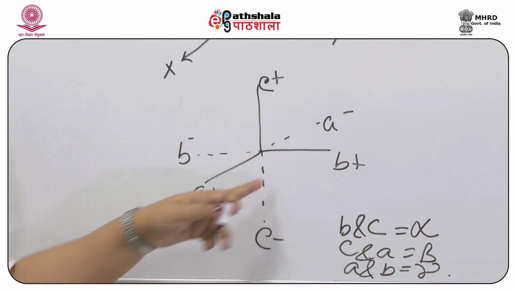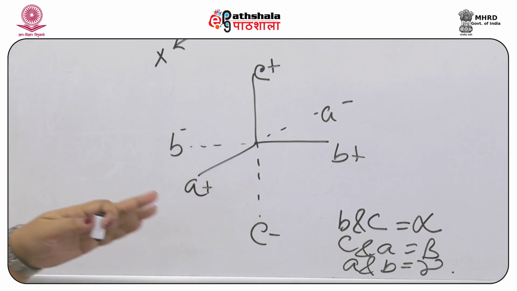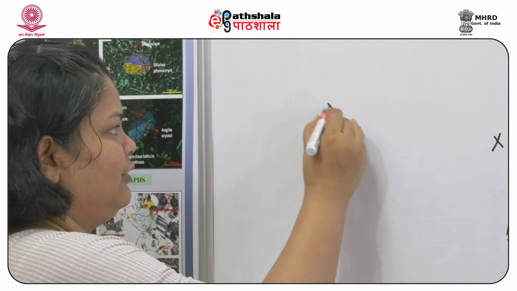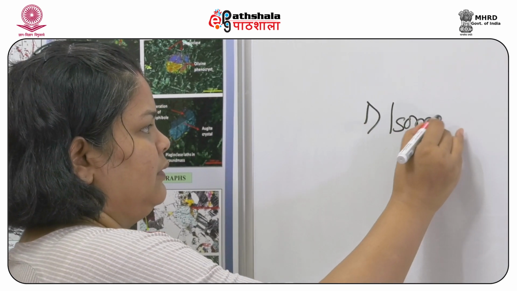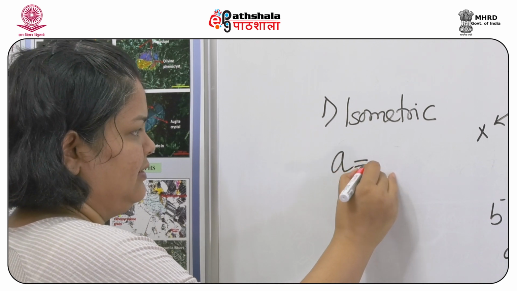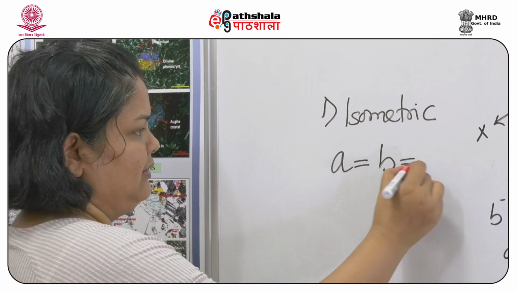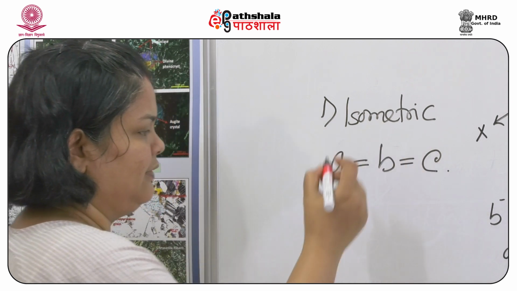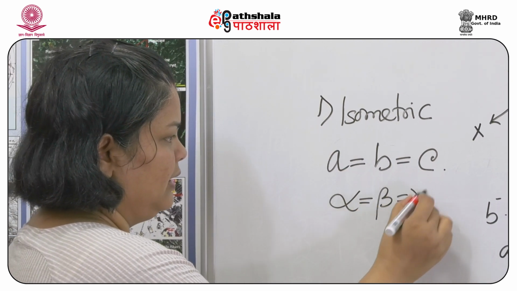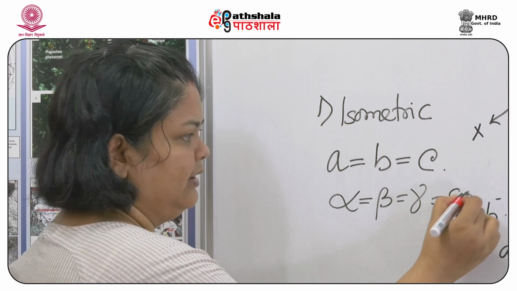Based on these parameters, there are 6 crystal systems which are assigned. For instance, we have the isometric system, which is when the A crystallographic axis is equal to the B crystallographic axis and is equal to the C crystallographic axis, and when alpha equal to beta equal to gamma is equal to 90 degrees.